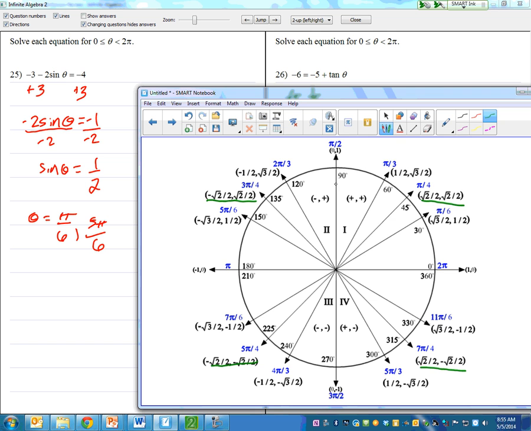Since we have a negative 1, we know this one right here is a positive 1, so it's not this one. We know this one right here divided by a negative is also a positive 1, so it's not that one. So the two values we're looking at are this one right here, 3 pi fourths, and this one right here, 7 pi fourths.